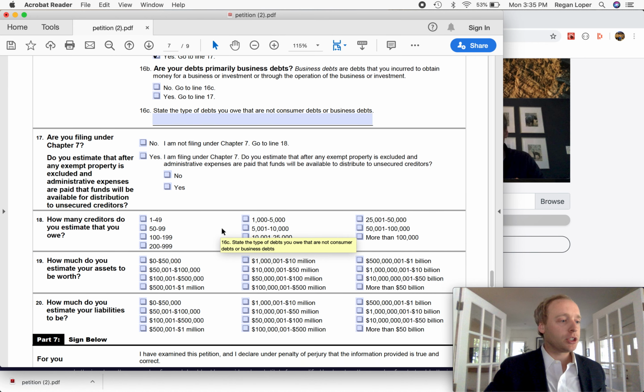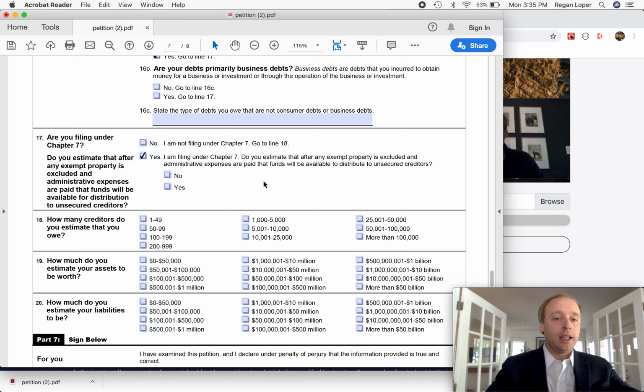Okay, question 17. Are you filing under Chapter 7? Yes, I am filing under Chapter 7. Everyone that uses this website should hopefully be selecting yes to this option. And then the second follow-up question is, do you estimate that after any exempt property is excluded and administrative expenses are paid, that funds will be available for distribution to unsecured creditors? That's a mouthful.